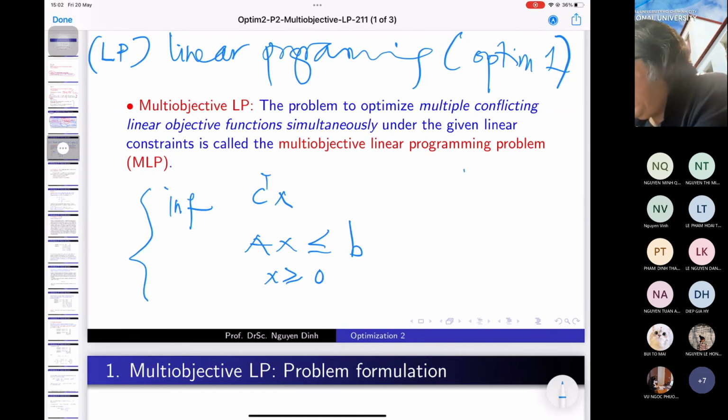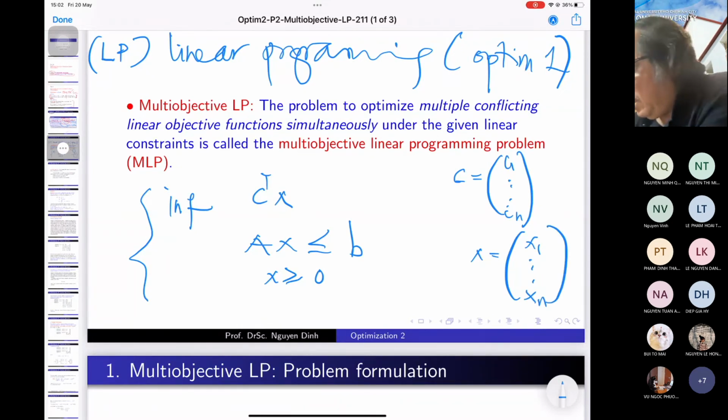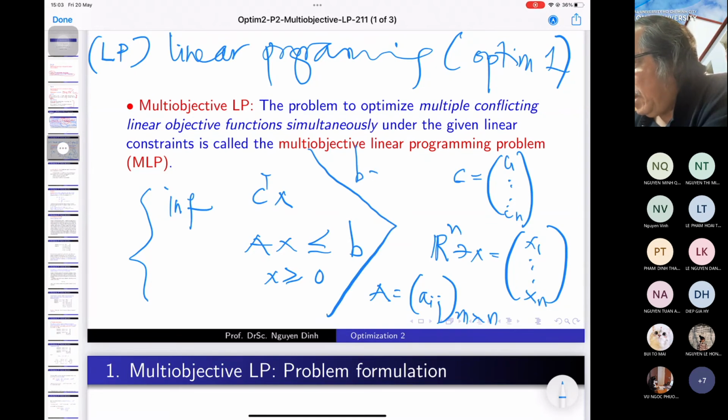What is c? c equals (c1, ..., cn) and x equals (x1, ..., xn), and x belongs to R^n, and A is a matrix A = (aij) that is m by n, m rows and n columns. Is that okay? And b is (b1, ..., bm).